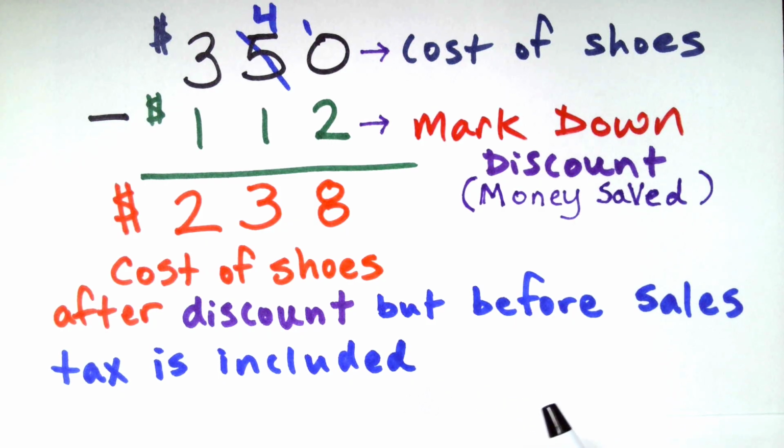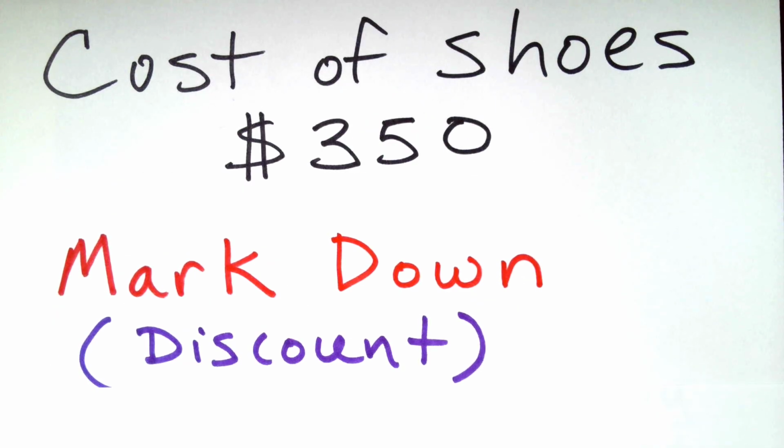Let's summarize what we've done so far in parts 1 and 2. Remember we started off with the cost of these shoes. The original cost was $350. Then we were working on finding the markdown. Another way to say markdown is a discount. That's money you're going to save.